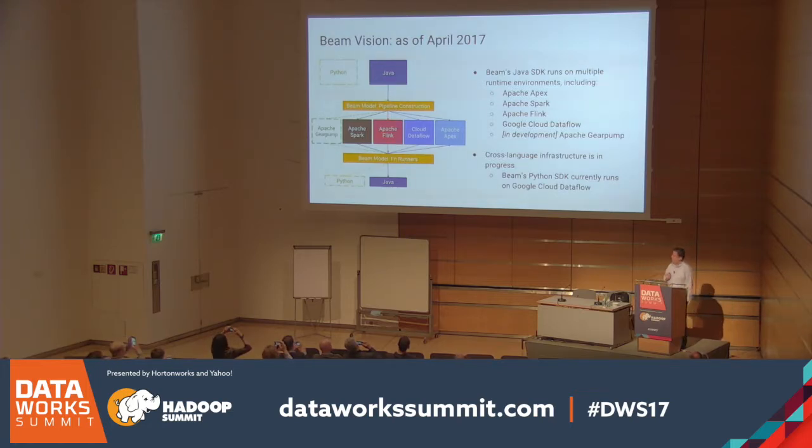And the Java SDK can run on Apache Apex, on Apache Spark, on Apache Flink, on Google Cloud Dataflow, and currently in development is a runner for Apache Gearpump. In addition to that, we have several runners in the exploration phase. That includes Apache Storm, Twitter Heron, Apache Samza, and a few proprietary ones.